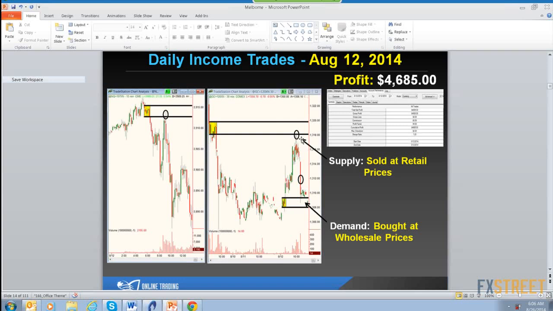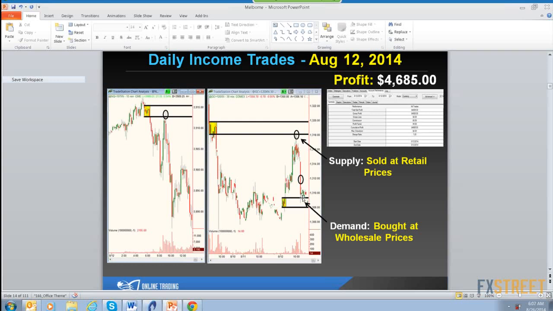So now we're in this short at 1318, but where should the profit target be? Well, we do have a little new demand here at 1308, 1309. Because of that, I took my exit at 1312. That's what I mean by taking the easy money.